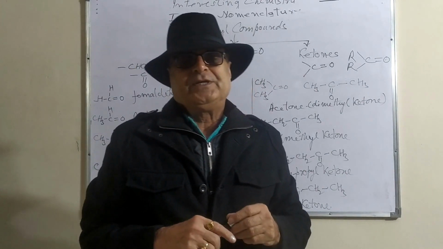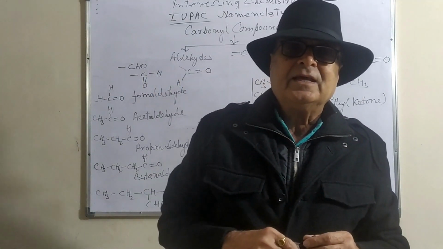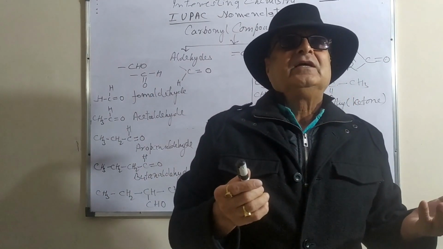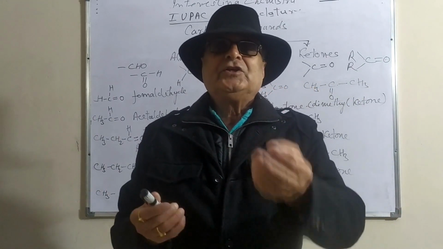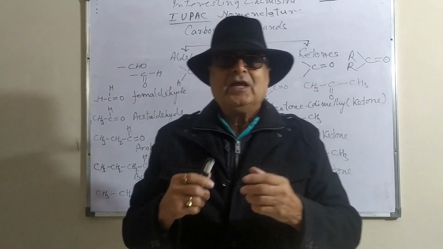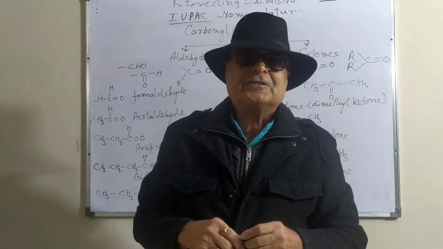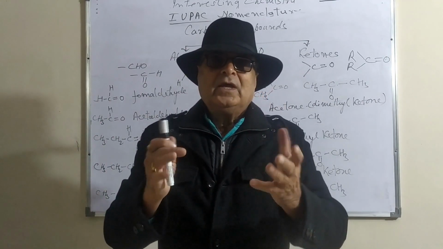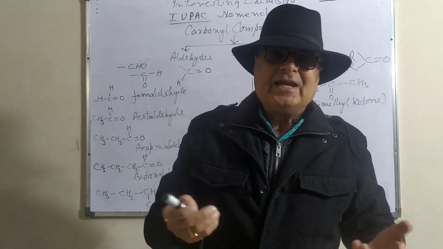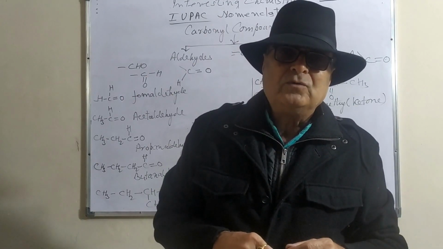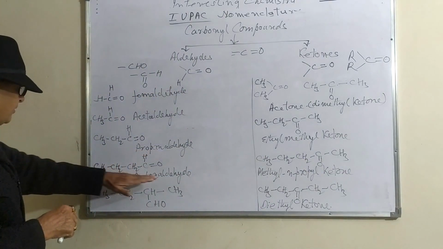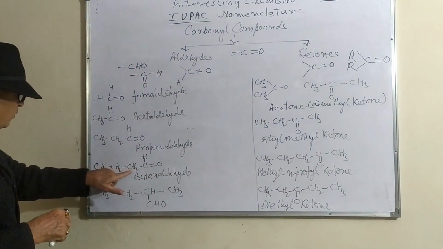So in IUPAC, how will you write the name of aldehydes? Only aldehydes I am going to tell you, as I told you in the previous video for the acids. First of all, select the longest chain, or decide the root name of that compound. Suppose you number here 1, 2, 3, 4.